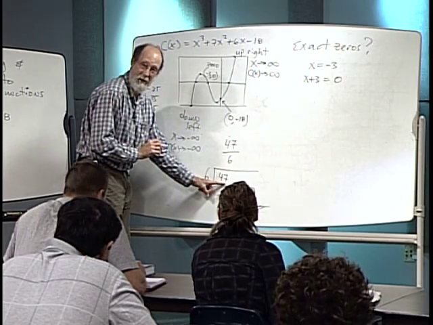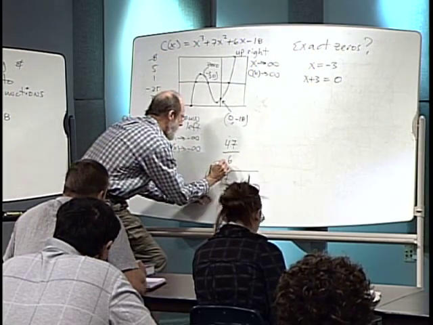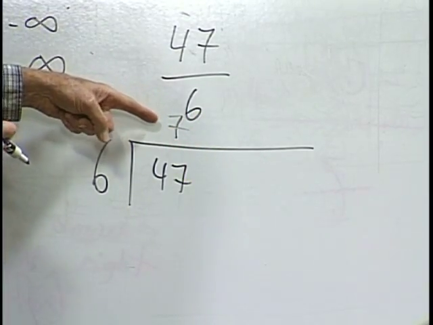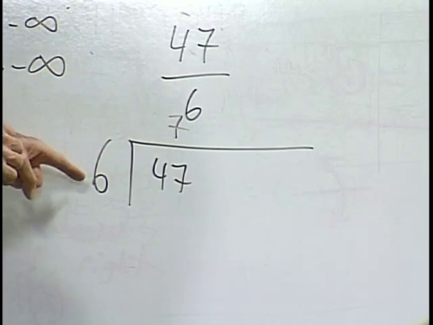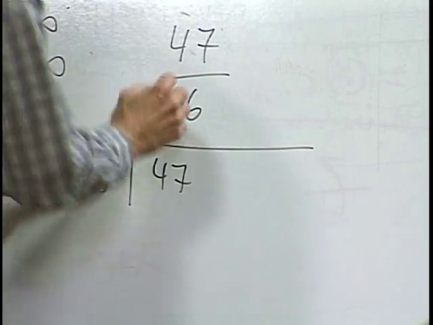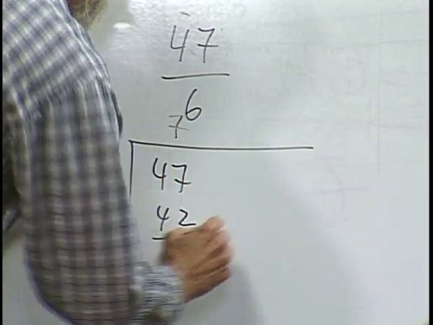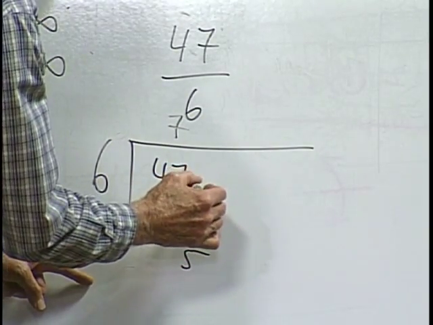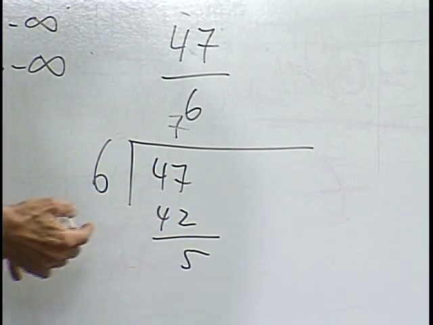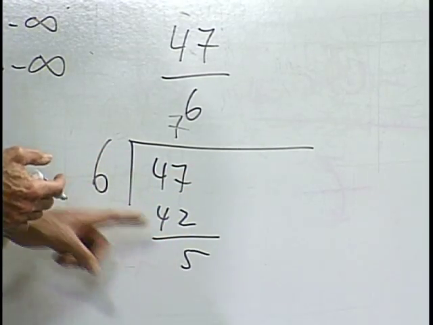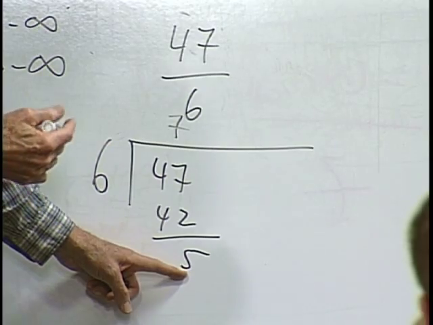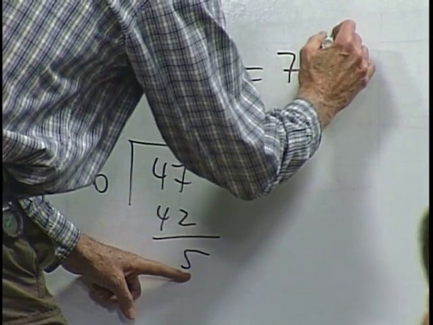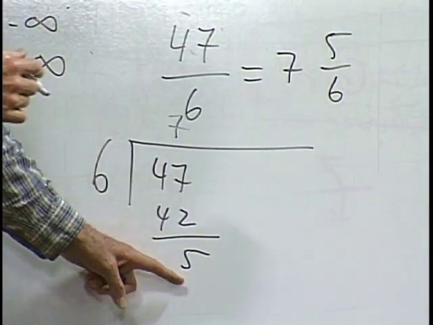It goes almost 8 times, so it goes 7 times. Multiplying the quotient times the divisor is 42. We take the difference here, bring down this 5. 6 does not go into 5. This is the remainder. And so what we end up with here is a mixed number, 7 and 5/6.